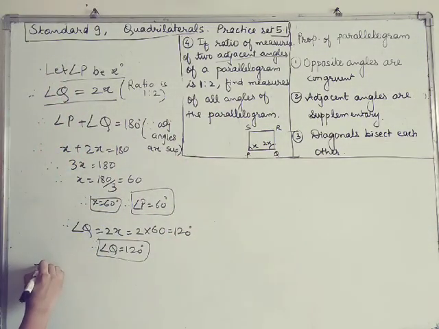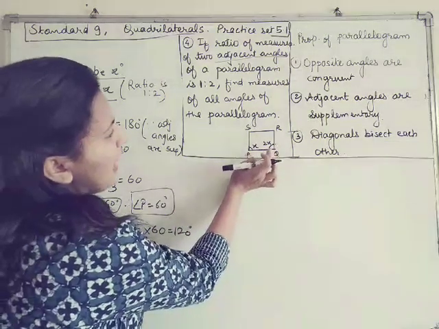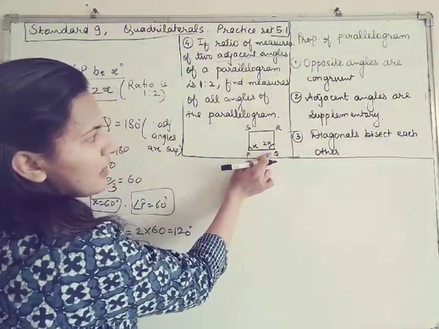The property says the opposite angles of a parallelogram are congruent.